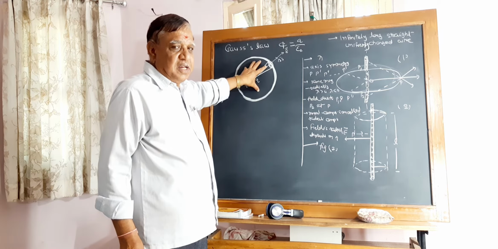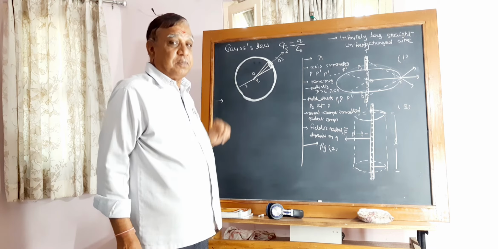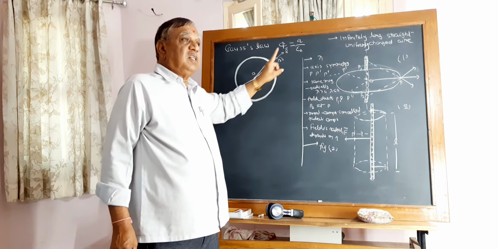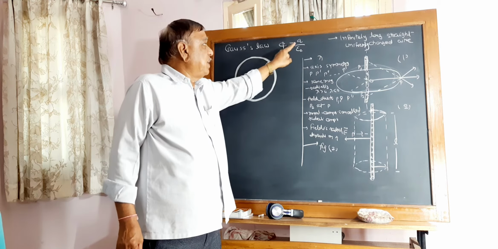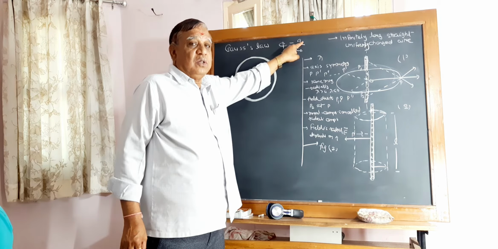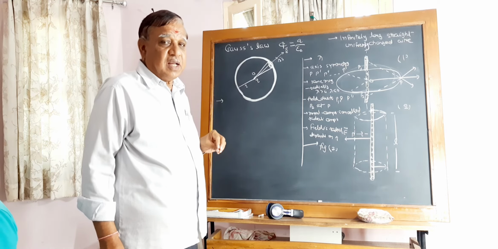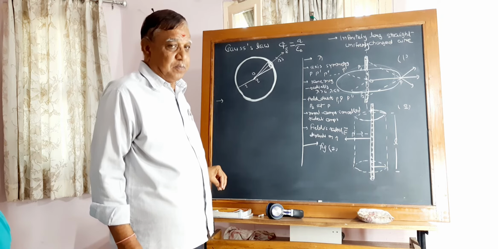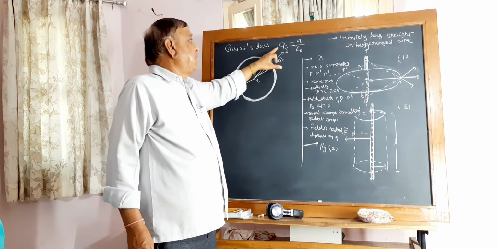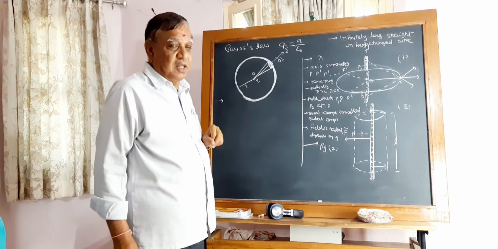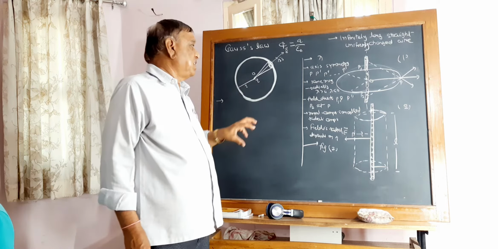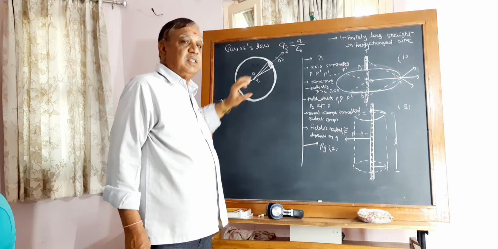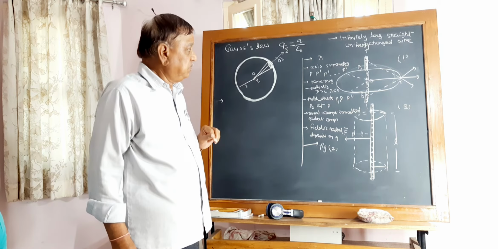Flux linked or associated with any closed surface is the ratio of total charge enclosed by the closed loop to epsilon 0, means permittivity of the space, means phi equal to q by epsilon 0. Here q is the charge enclosed by the surface and epsilon 0 is the permittivity of the space.